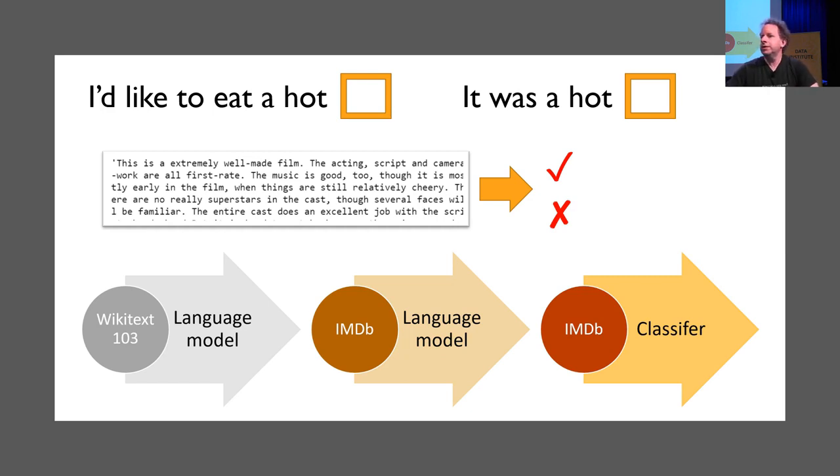Better still, you don't just have to look at movie reviews. Because really the hard thing isn't so much, does this person like the movie or not, but how do you speak English? Right? So you can learn how do you speak English, roughly, from some much bigger set of documents.